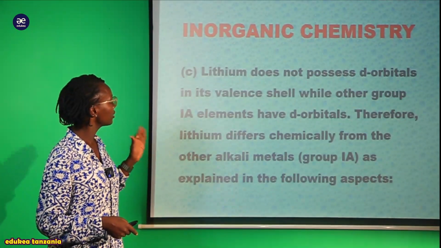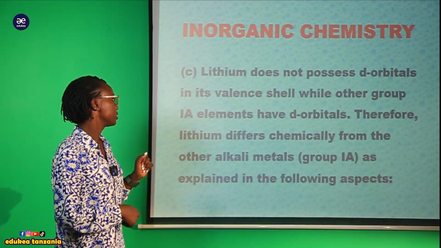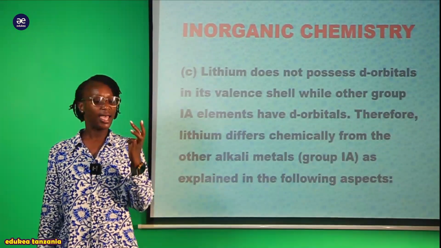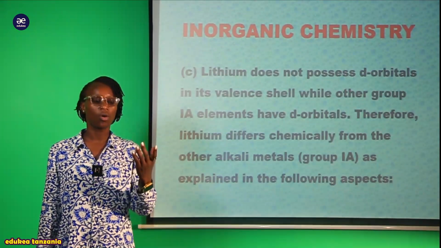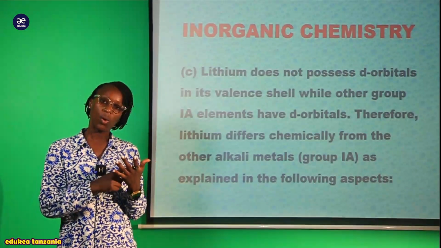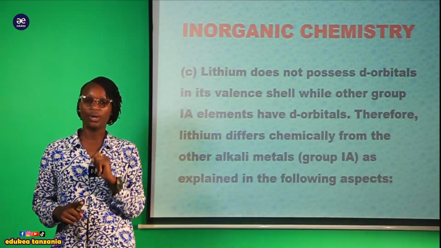So another reason is that lithium does not possess d orbitals in its valence shell. As you can see, lithium has only 3 electrons. So we will have 1s which has 2 electrons, and 2s which has 1 electron.